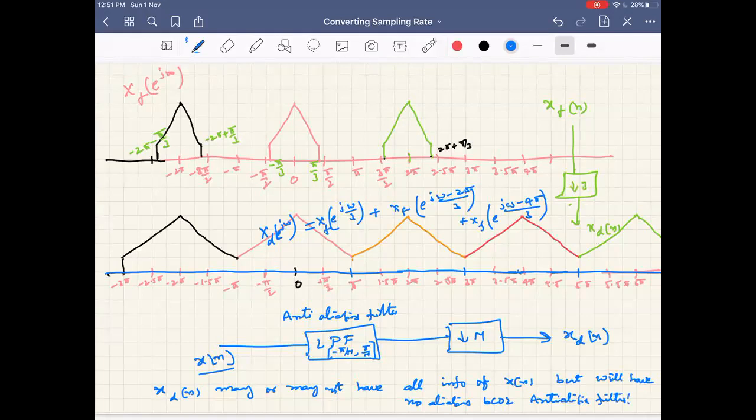Okay, right. So this is what is to be taken care of while downsampling the signal x of n, directly from a discrete domain to another discrete domain signal, right?